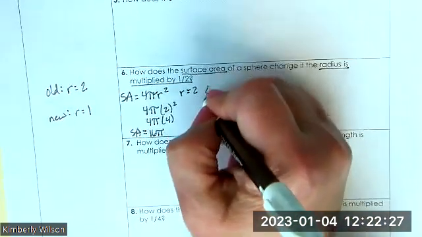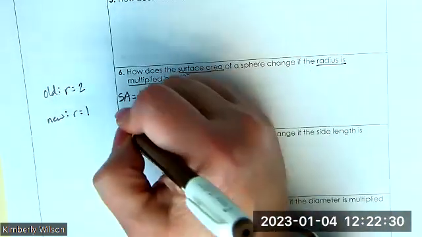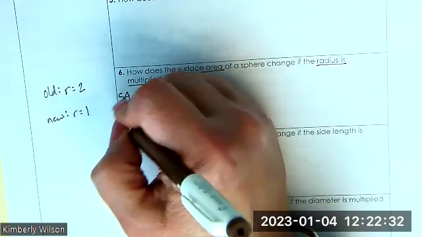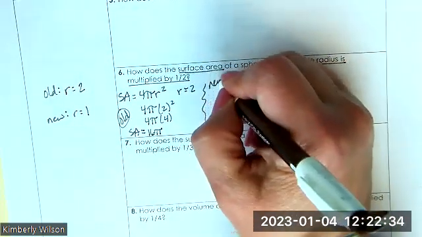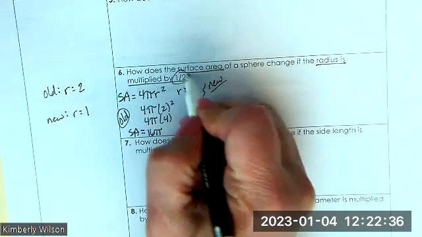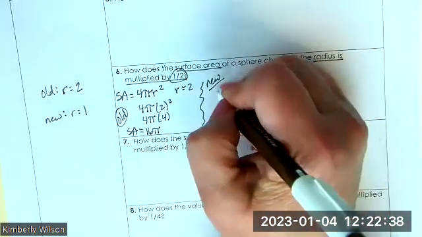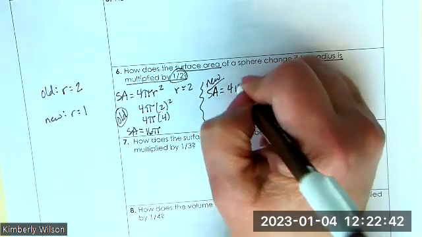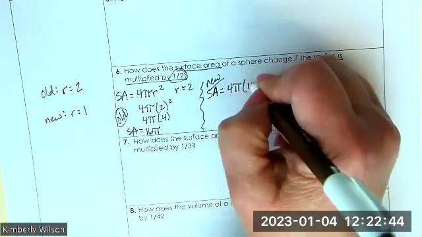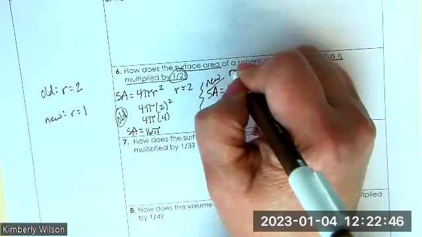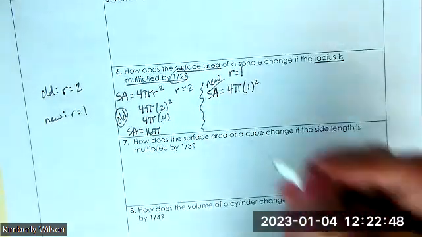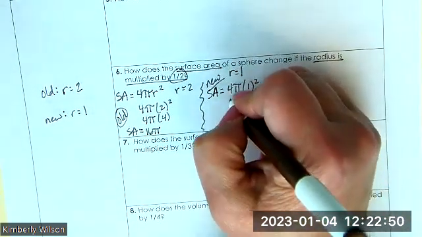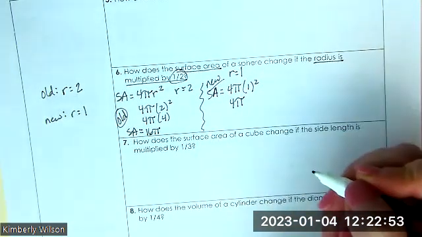Now, that was the old. Now we're looking at the new, because it's multiplied by 1/2. So therefore, to find the surface area, we're going to do 4 pi times 1 squared. Because remember, for this, we said the radius would equal 1. So that means we just have that the surface area is 4 pi.